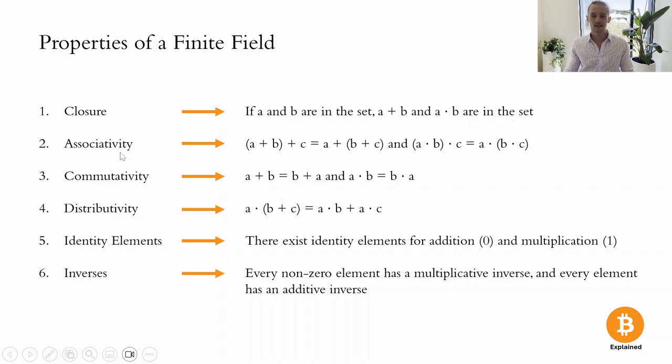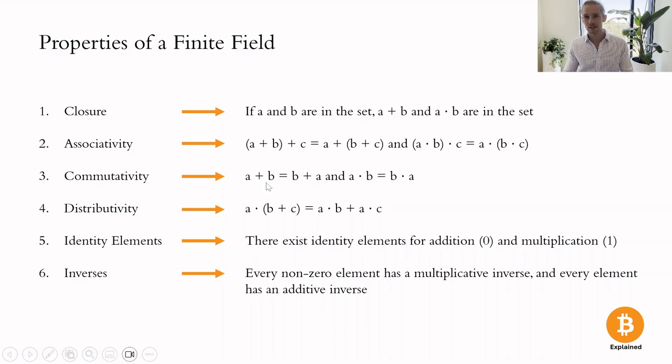Associativity means that it doesn't matter how you group the operation, the result will be the same. So if you first do A plus B and then add C, the result should be the same as first doing B plus C and then adding that to A, and the same for multiplication. Commutativity just means that the order of the elements in an operation doesn't matter.